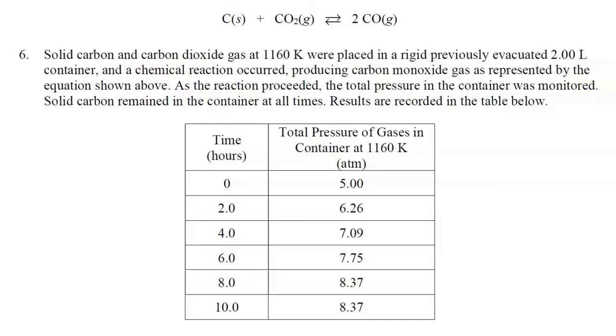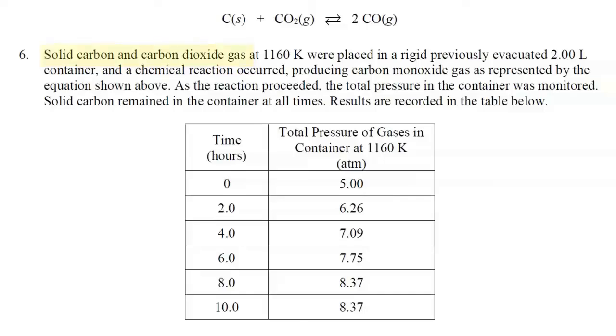As the reaction proceeded, the total pressure in the container was monitored. Solid carbon remained in the container at all times. Results are recorded in the table below. As far as this particular initial set of conditions, we have reactants only and no products.